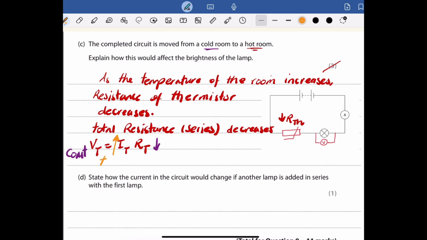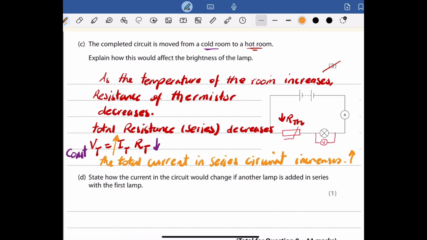So the total current here in series circuit increases. So I increases. Or I would say the voltage across the lamp would increase, because the voltage across the thermistor will go down.